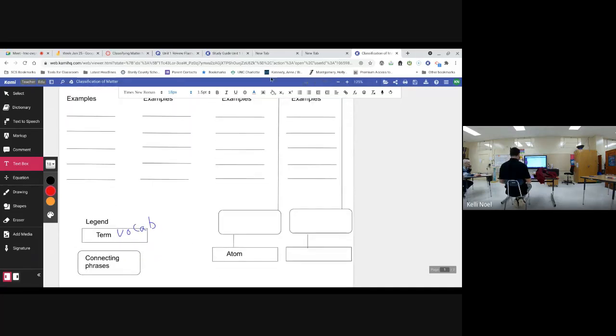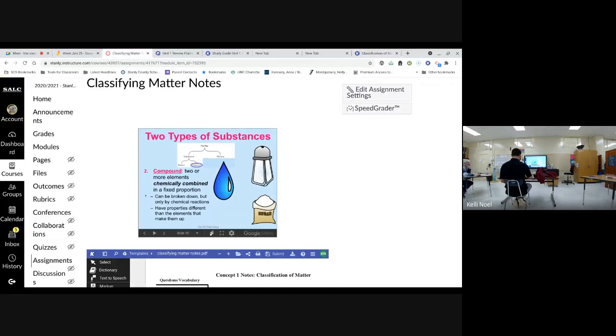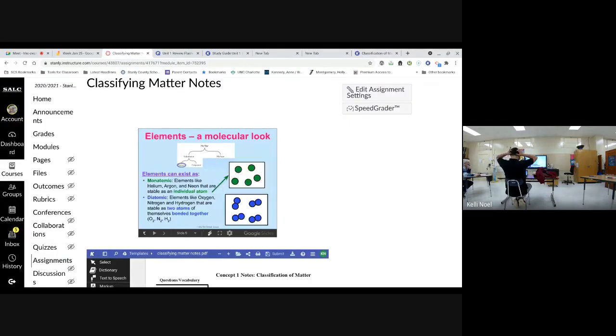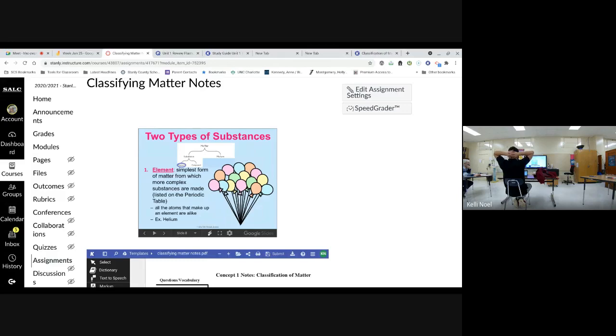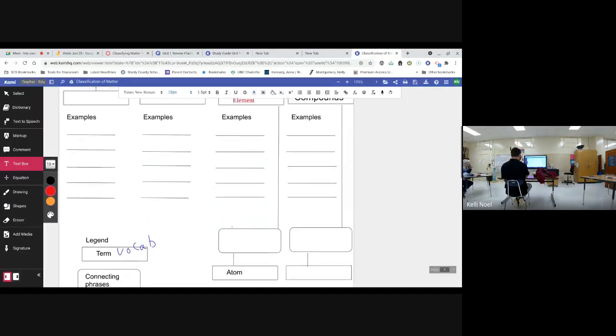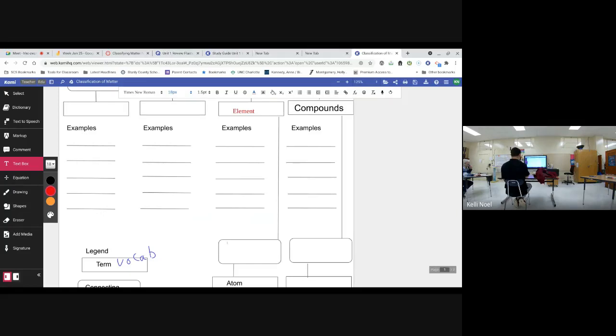We have atom. So let's go back to element, and I'm going to go back one more. All right, atoms right here. All atoms that make up an element are what? Alike. So we could say elements are made up of like atoms.